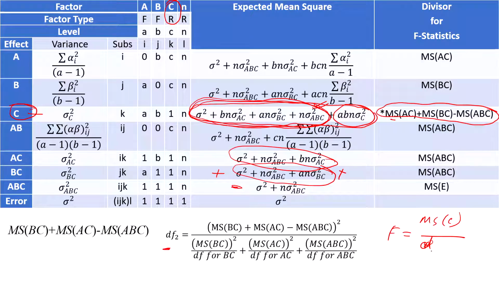Let me write that down here: MSSC plus MSBC minus MSABC. For that F statistic, we need two degrees of freedom.